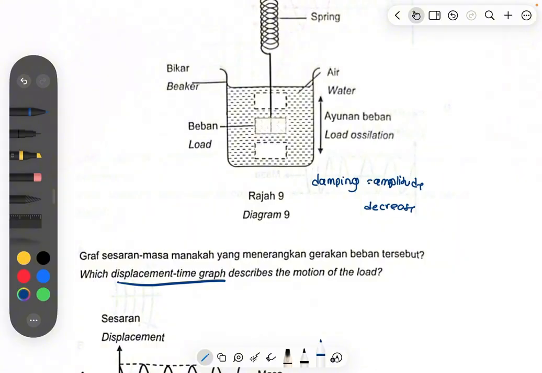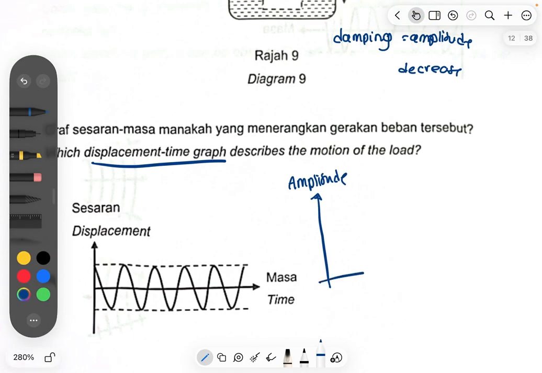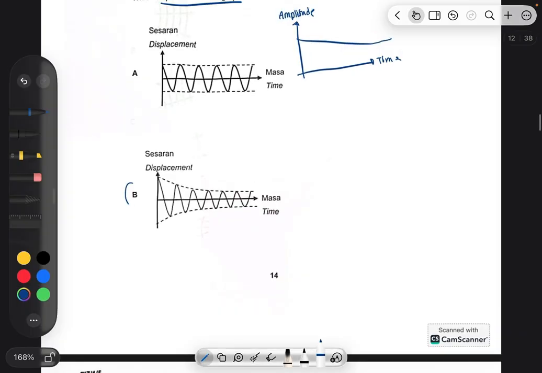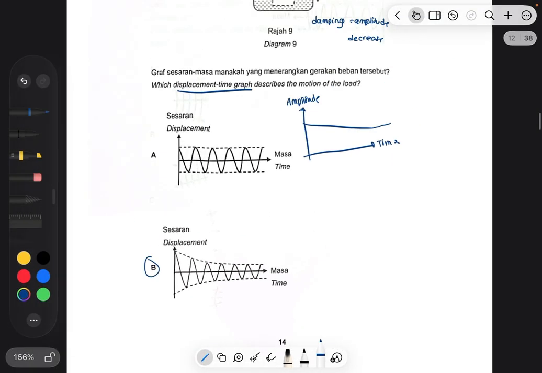I'm not sure, yeah. Sorry, bukan acceleration. Kalau amplitude time graph, let's say this is time and the amplitude is like decreased. So kalau displacement time graph, then it's something like this. Yeah, it's B.